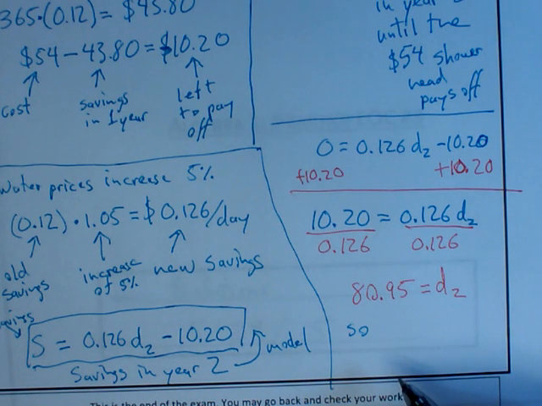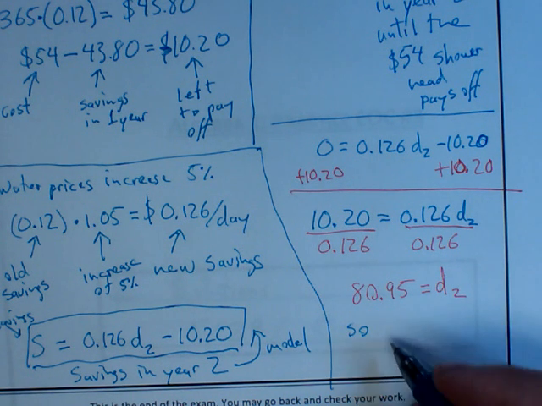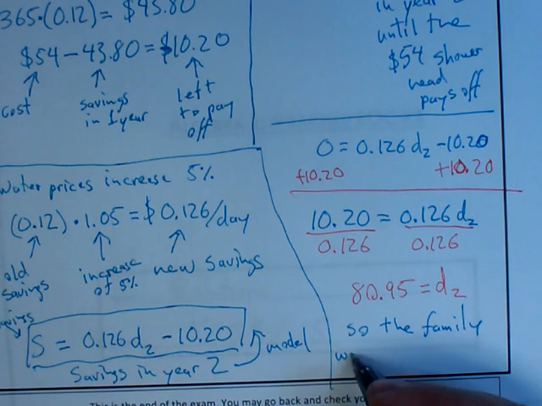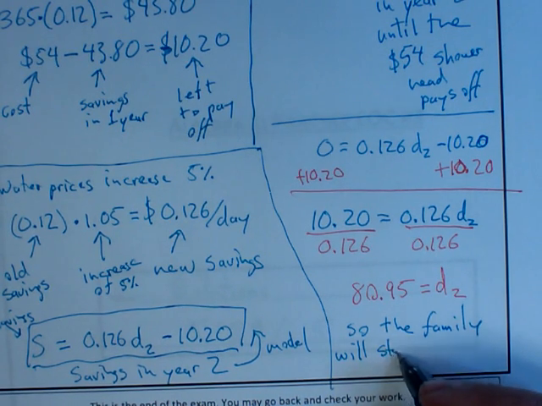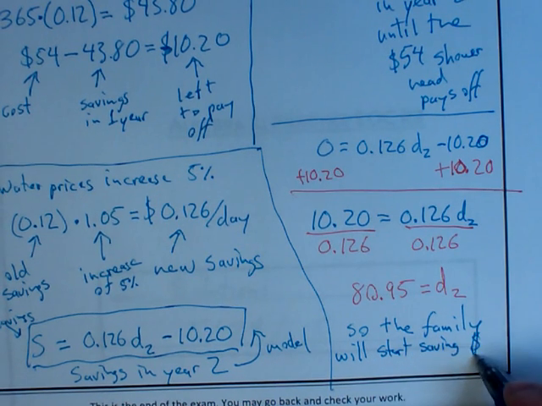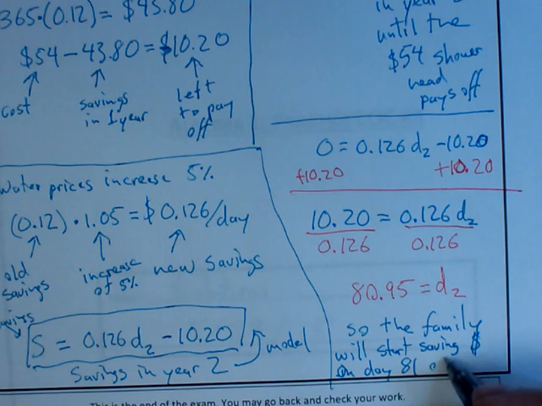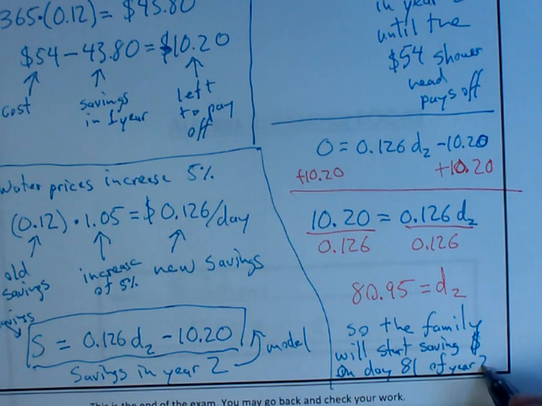So the family will start saving money on day 81 of year 2.